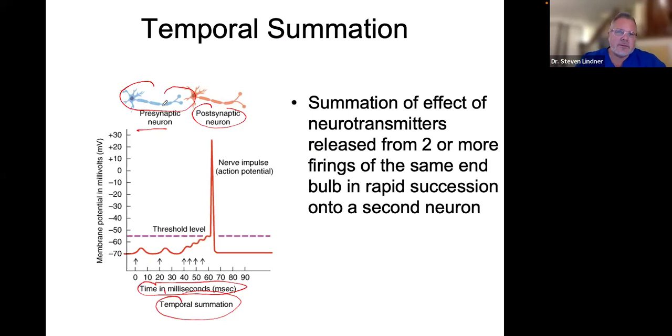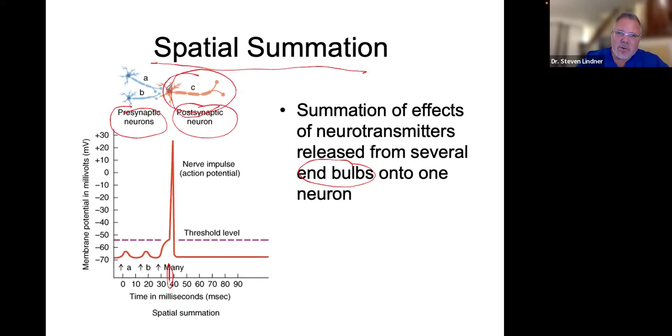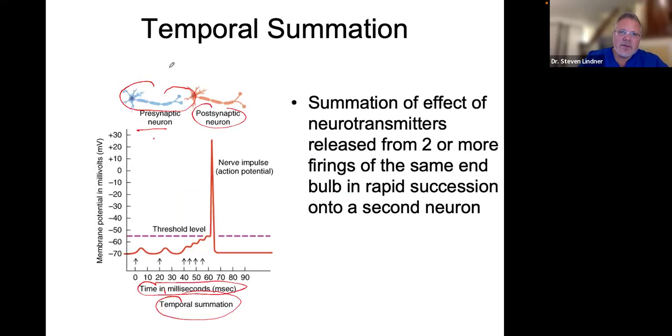Compared to one student saying, I don't want the test next week, I don't want the test next week, I don't want the test next week, right? When you have one student firing the same message over and over, it takes longer, but there's more power in numbers. So spatial summation, the S in spatial for speed, is quicker than temporal for time. It takes more time to do that.